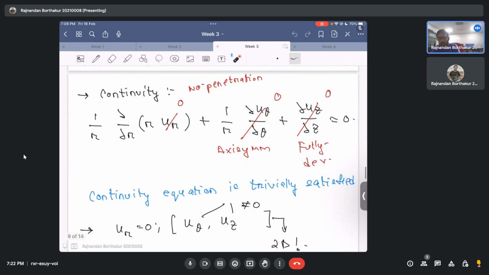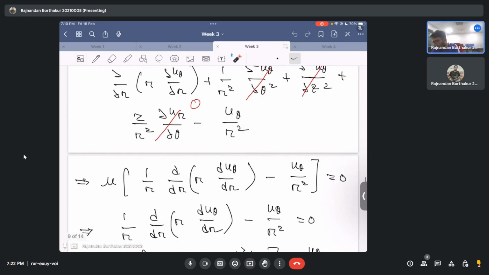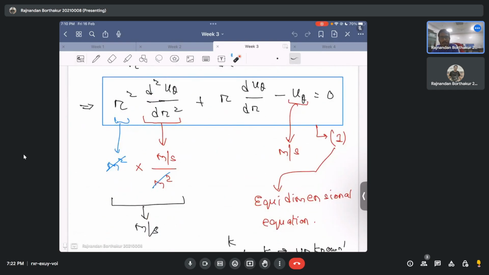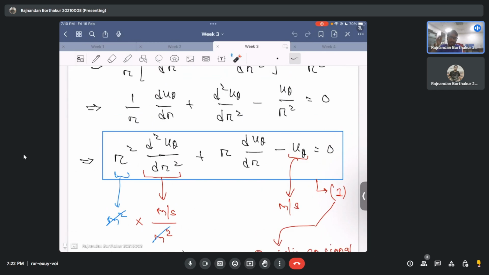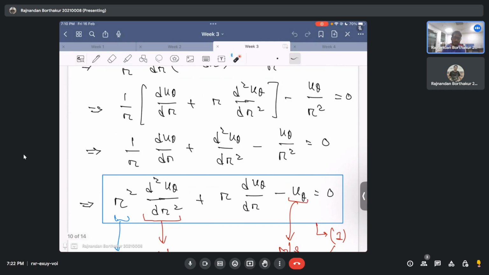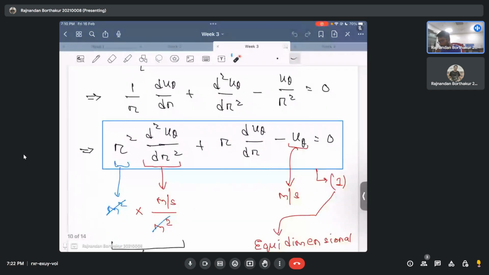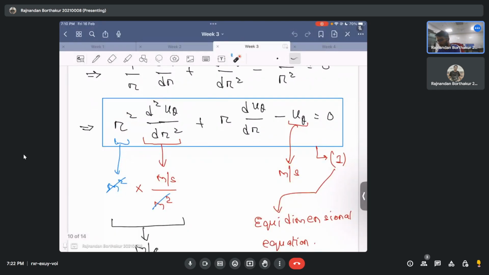Using these assumptions, we saw that we could analytically find out the velocity profile in both the theta and the z directions by using the momentum equation in the theta and z directions. In the theta direction, the simplified Navier-Stokes equation essentially boils down to an equidimensional equation, and we followed a certain technique to solve it.